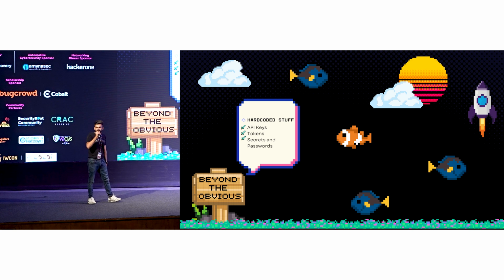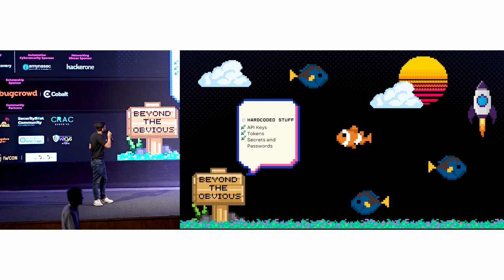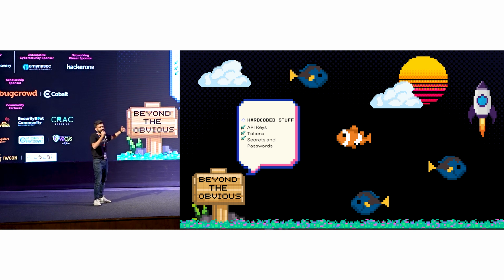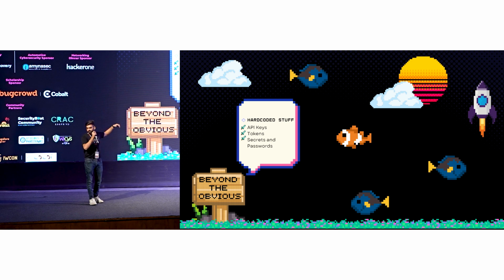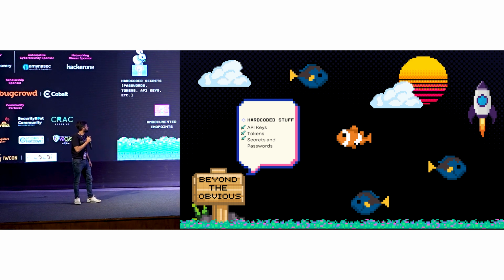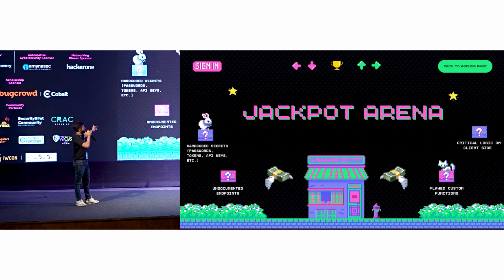And before you guys sue me, let me tell you that we are obviously going to see stuff beyond the basics, which are the hard-coded stuff like API tokens, secrets, and passwords, etc. And examples will include. So these are the examples. Of course, we can have the hard-coded secrets in the JavaScript code.